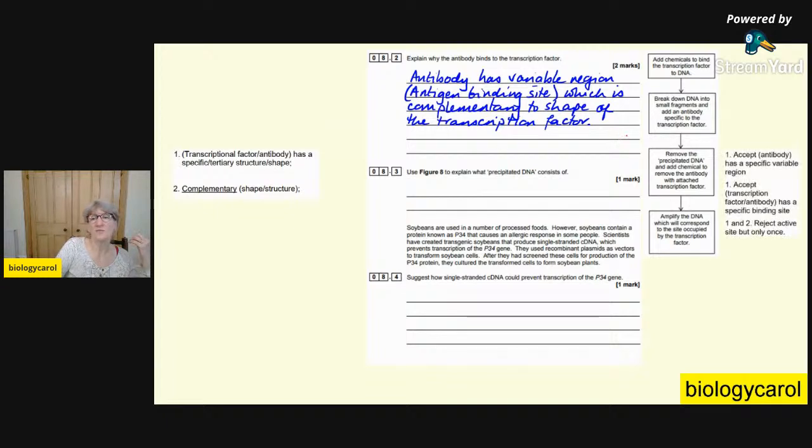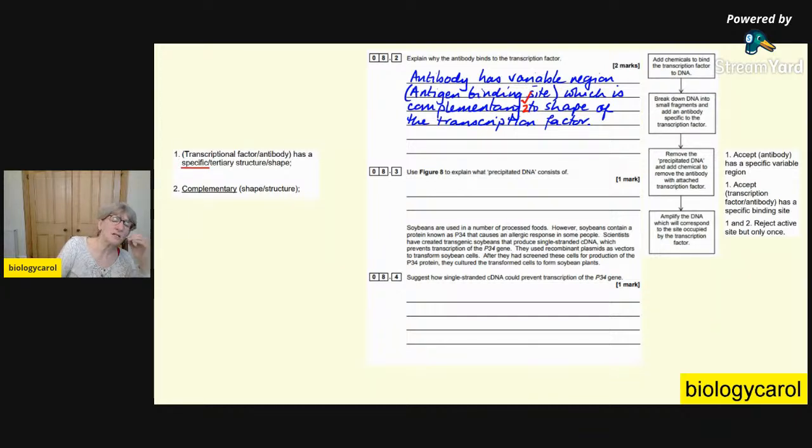I gave myself mark point 2 for complementary. I didn't give myself mark point 1 because I thought this word is important, that it has a specific tertiary structure or shape.